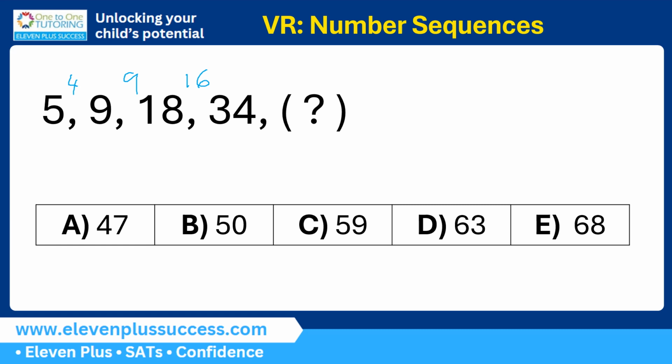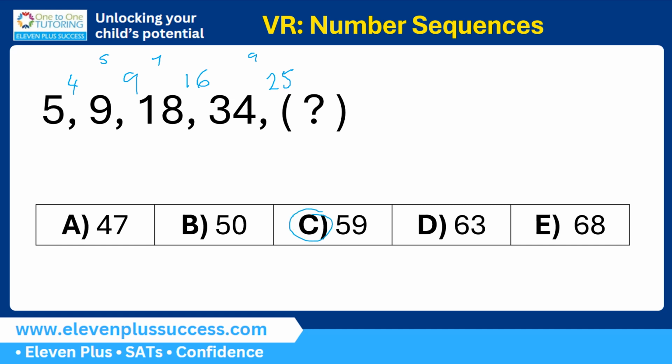So it must be something about these numbers. So I have to question myself, what's the difference between these numbers? Well, I've got a difference of 5 here and a difference of 7 here. So maybe my next difference could be 9. 16 add 9 gives me 25. Oh, 25 add 34 would give me 59.